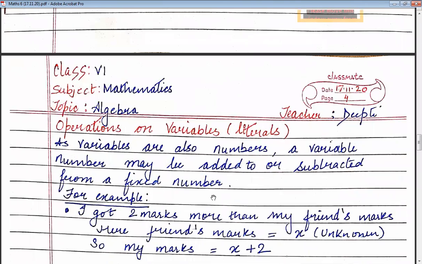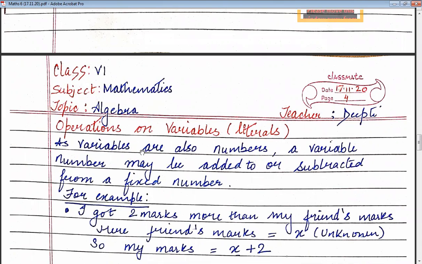Now children, let us discuss operations on variables. Variables are also called literals and unknown values.